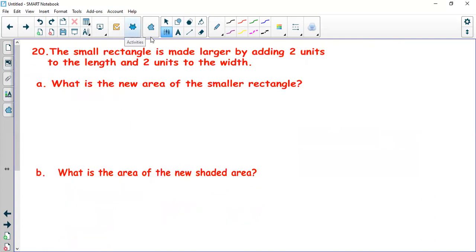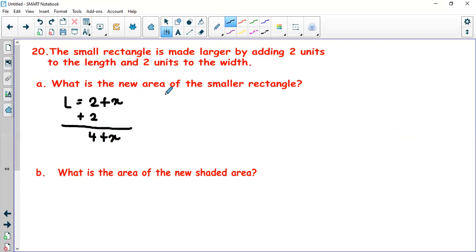So number 20: the small rectangle is made larger by adding 2 units to the length and 2 units to the width. What was the length of the smaller rectangle? The length of the small rectangle was 2 plus x. They made it bigger by adding 2 units, so the new length is going to be 4 plus x.